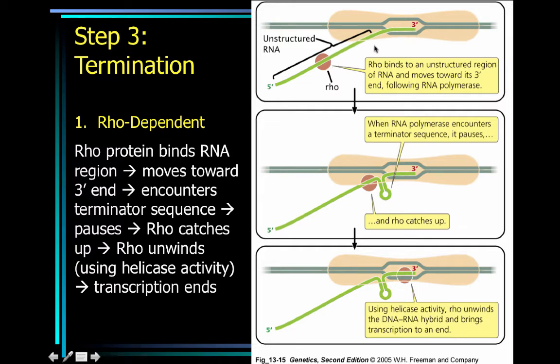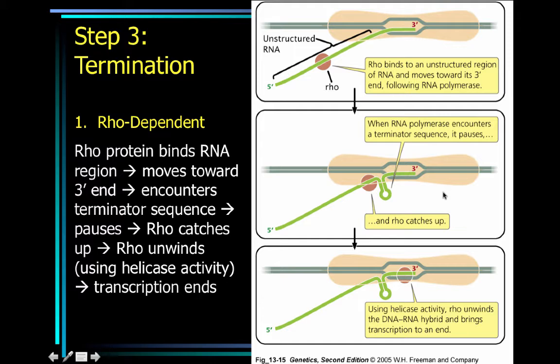As it moves upwards, it's going to encounter a termination sequence that is the same sequence that we see in rho independent termination. And that's going to cause RNA polymerase to pause, allowing the rho protein to catch up, as we see here in the second section.